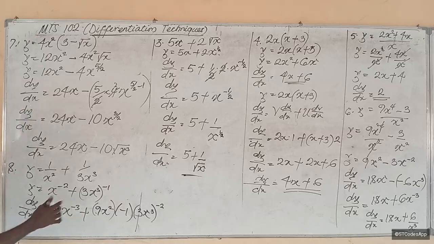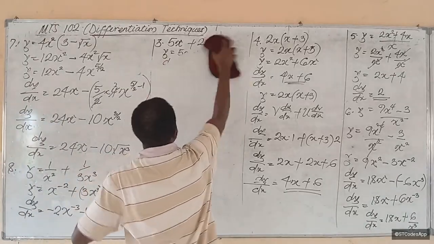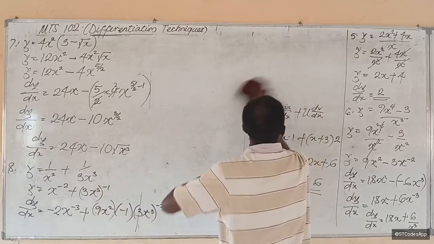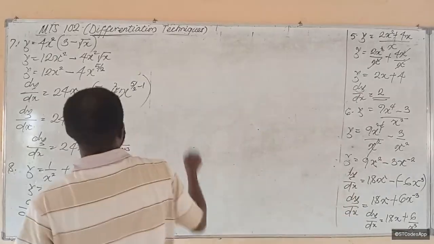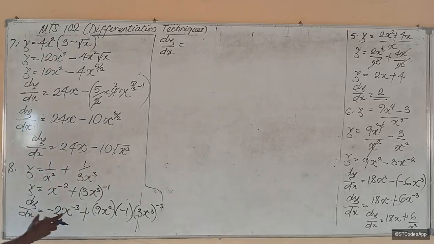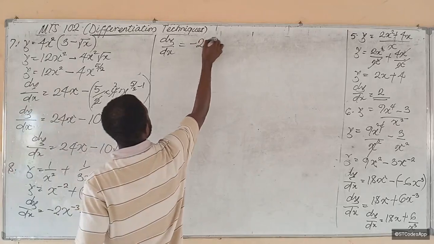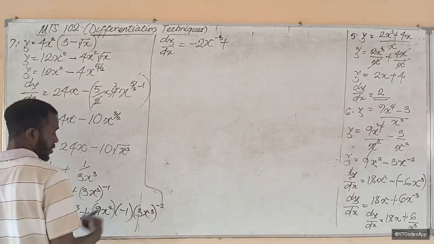So we'll have dy dx to be equal to minus 2x raised to the power minus 3 plus, plus times minus will give us minus, right?